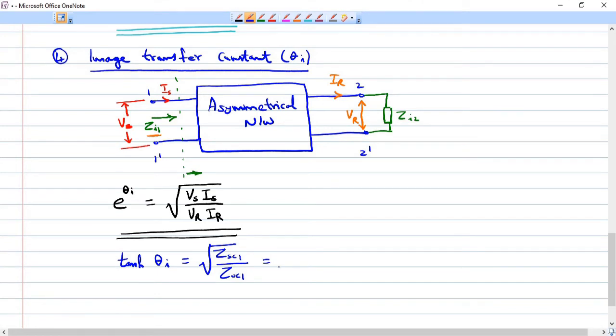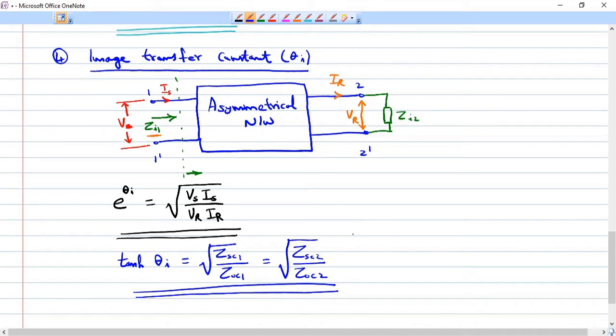This will be the same as root of ZSC2 divided by ZOC2. So this is another expression that we can use to determine the image transfer constant theta I, where ZSC and ZOC are the short circuit and open circuit impedances of this network.